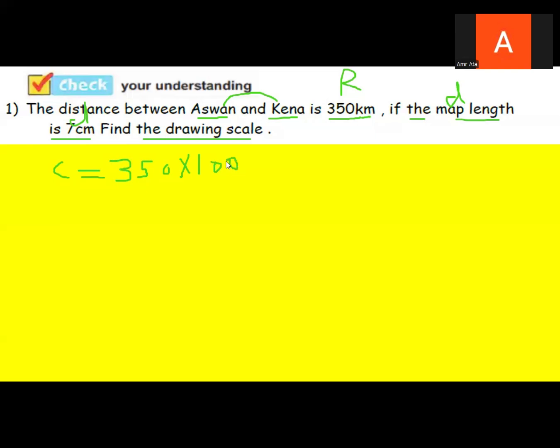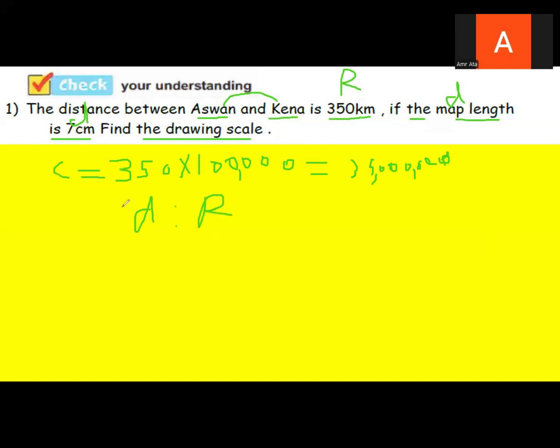That gives 35 and 6 zeros, which is 35 million.